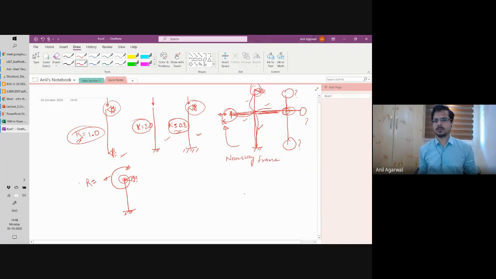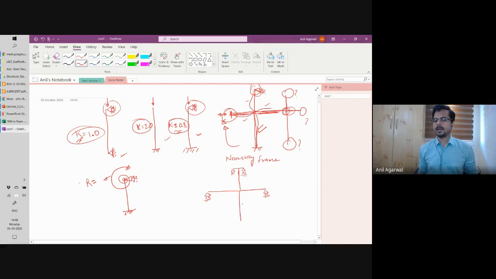But you may also have a possibility, again, same column, I'm just drawing this column again, which is again supporting some beams, another column. And now this time, the boundary conditions are such that it is free to move laterally. Okay, and the subsequent story again, whatever is happening here, is free to move laterally.